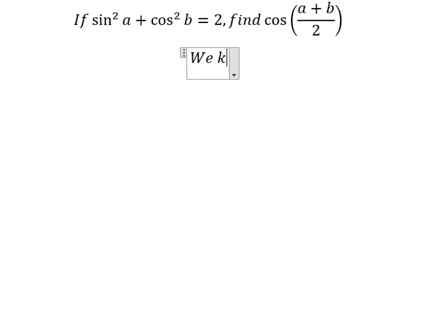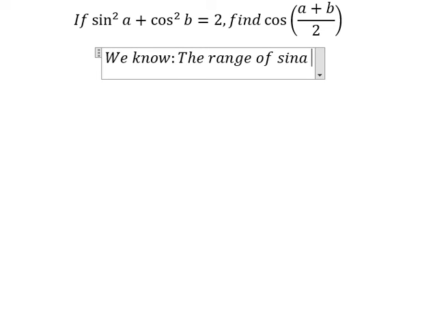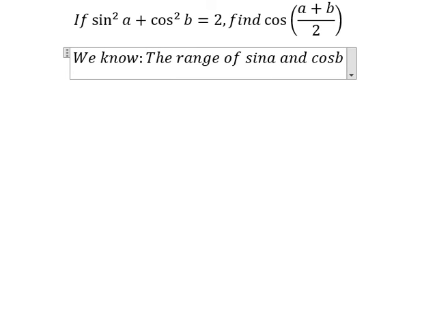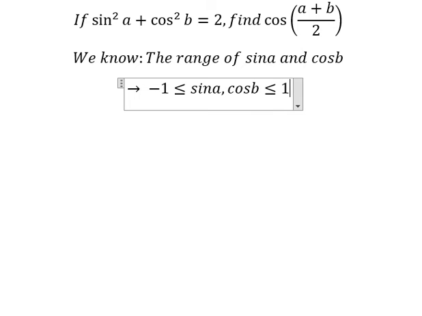We know that the range of sine a and cosine b should be from negative 1 to positive 1.